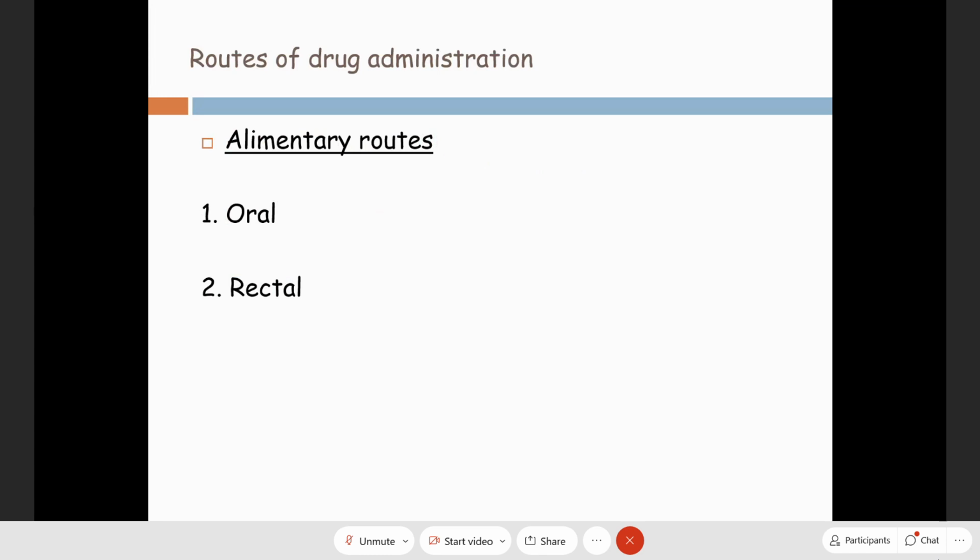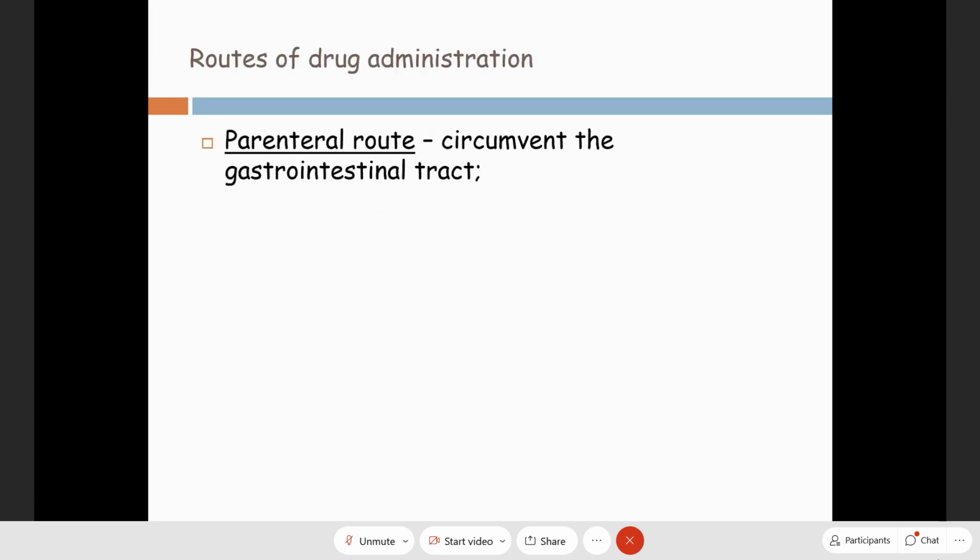With the enteral route, there are two routes, oral and rectal. The meaning of parenteral route is that it circumvents the gastrointestinal tract. It doesn't go into the stomach. So these are the routes.